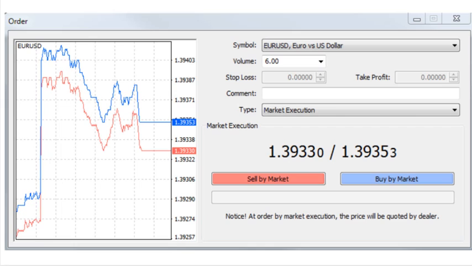But it can lead to the execution of an order at a less favorable price. A market with high liquidity provides viable opportunities for market orders. Otherwise, significant slippage can occur in trades. Stop loss and take profit can be used in market orders.